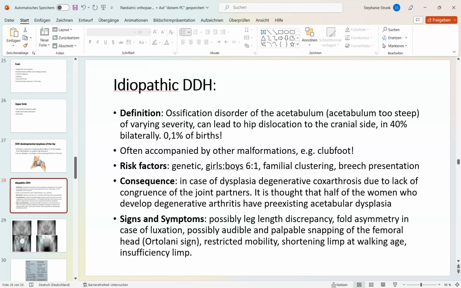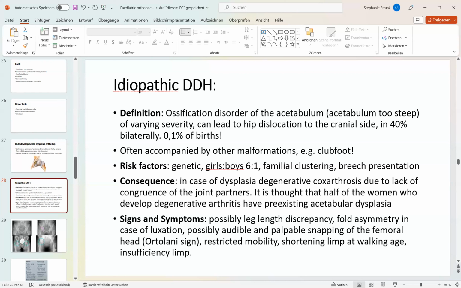It's 0.1% of births, so it's not very rare. It's pretty common. I don't know about Afghanistan, but it's a pretty common condition here in Germany. It's often accompanied by other malformations, especially a club foot. So if the kid has a club foot, you definitely need to have a look at the hips.